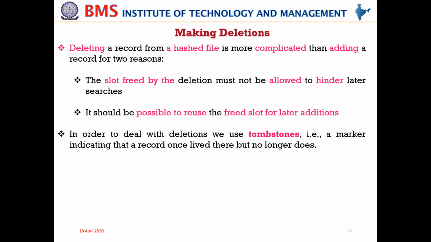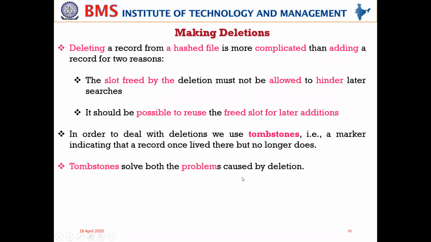It indicates that once upon a time a record was there, but now the record is no more existing, because that record was deleted. This is the concept of a tombstone.